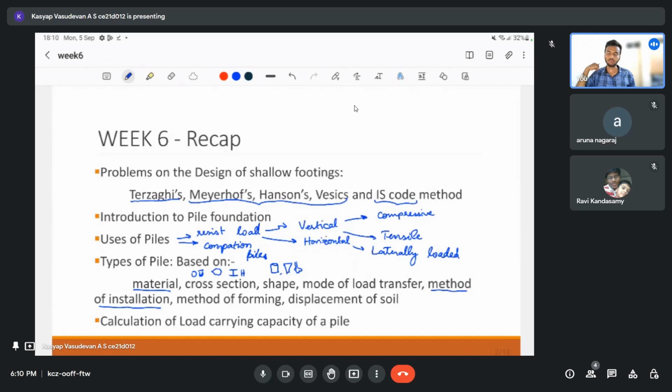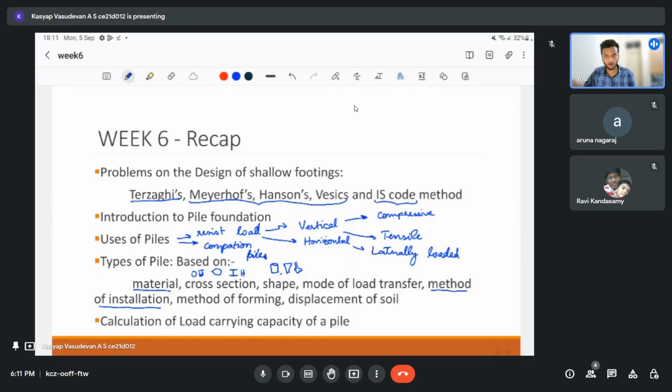That means we can bore a hole, and we can set our reinforcement mesh inside the borehole, and we can pump in the concrete using different machines. These two different piles have different advantages and disadvantages, which was clearly discussed.